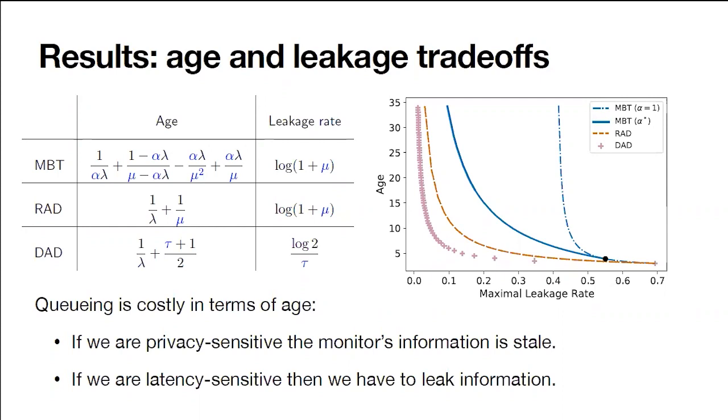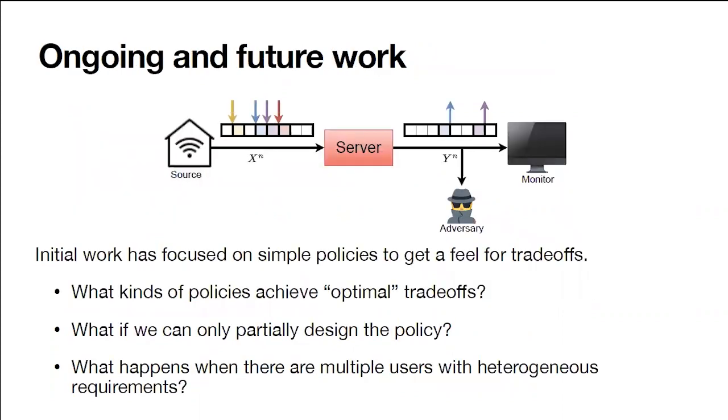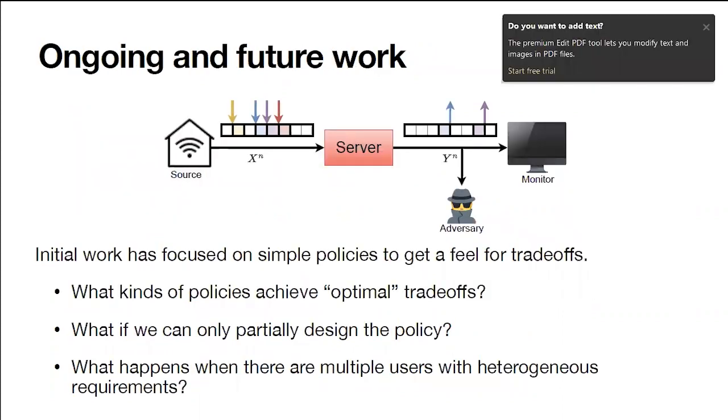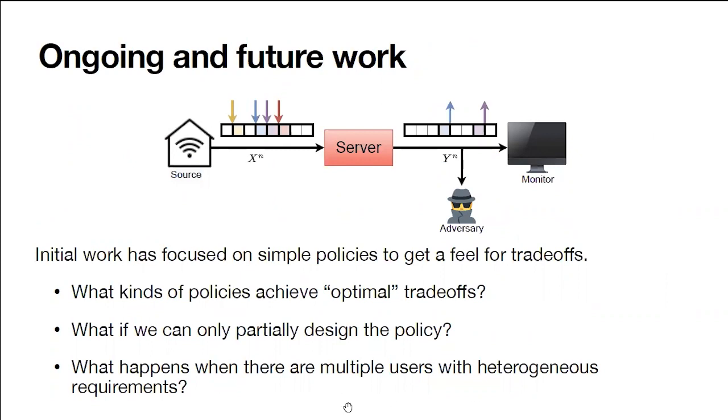So in the ongoing and future work, what we did here focused on some very simple policies to get a feel for the trade-offs. The natural question is, what is an optimal policy, or what is the best way to trade off these two things? Getting more and more speculative, what if you can only partially design the policy?